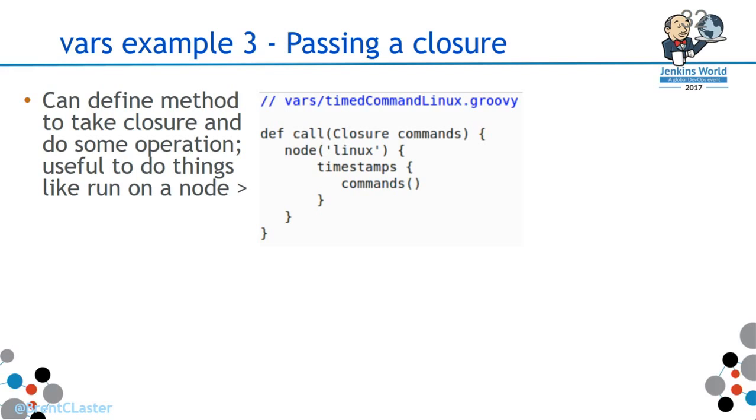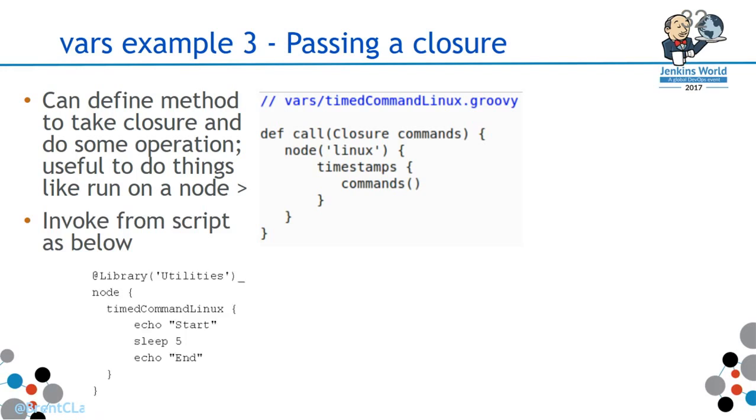We have a node that we define, maybe a Linux node versus a Windows node, to do something on a particular one. And we're running the commands that we pass in from the closure. You can invoke that from a script by saying the name of the command and then passing in a set of commands that you want to run within that. That could be useful if you need to run some operation on a particular node and you want to just pass in a set of commands.